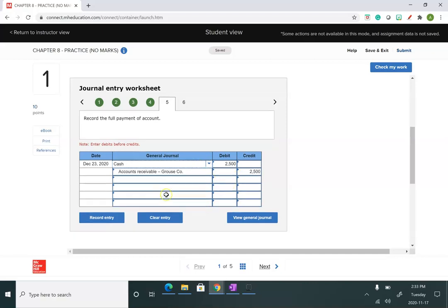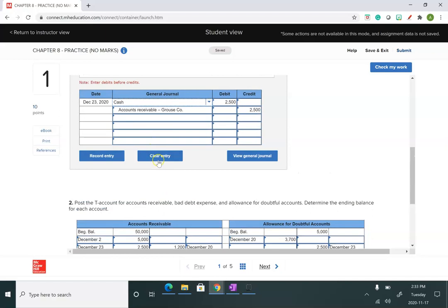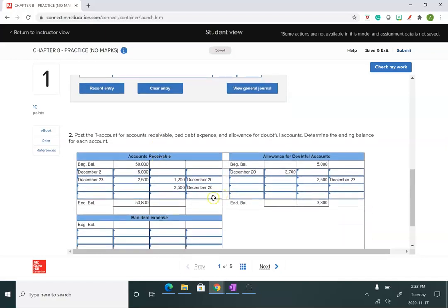And let's go ahead and post that one. So accounts receivable on the 23rd is going to come out again. Right?